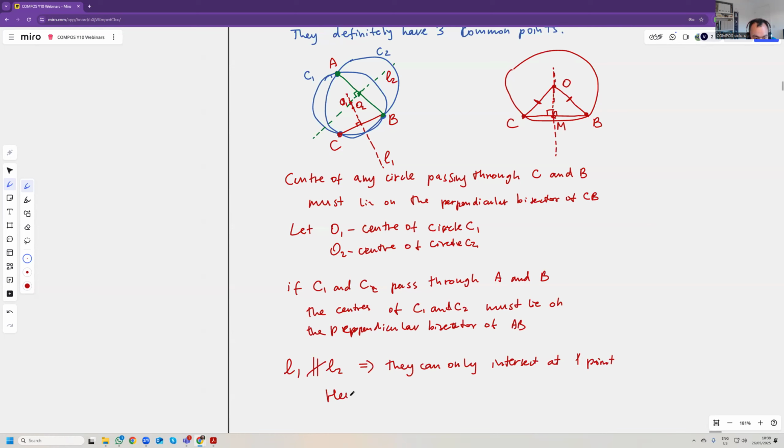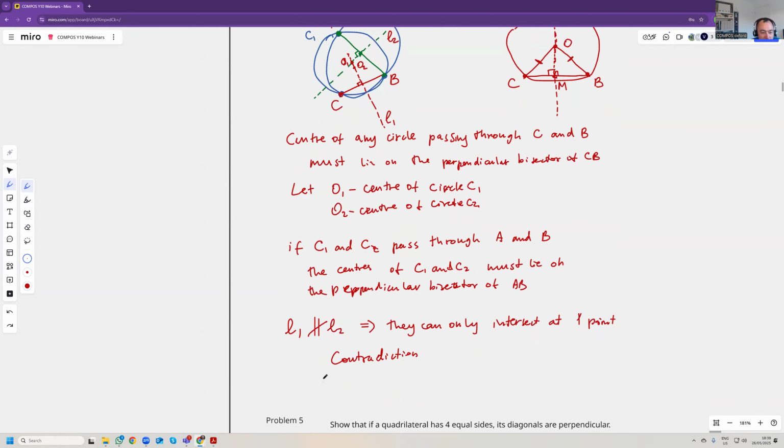Hence, so the contradiction. So the centers of the two circles, O1 must match O2. Centers of C1 and C2 must match.